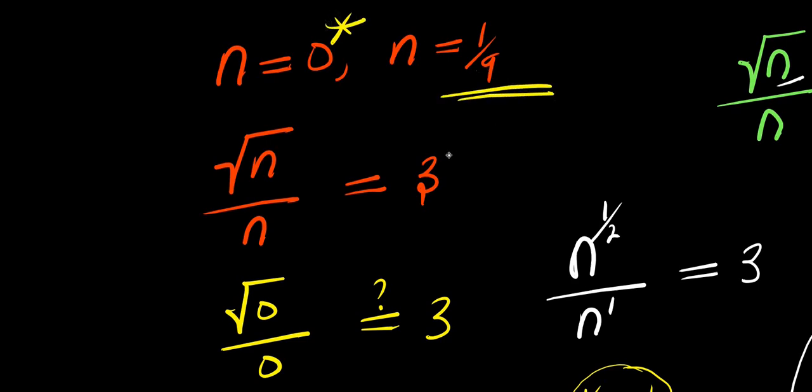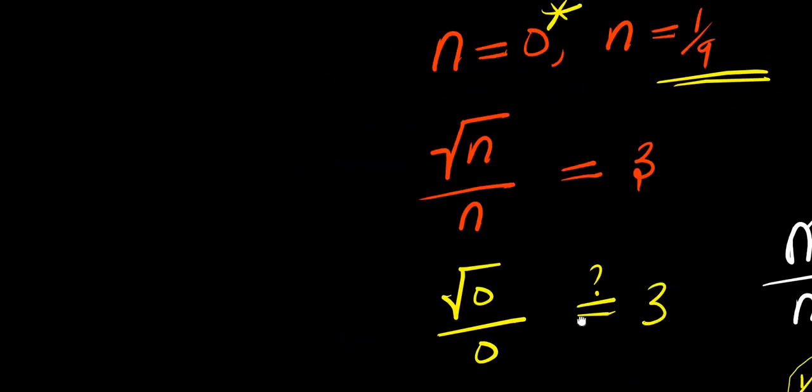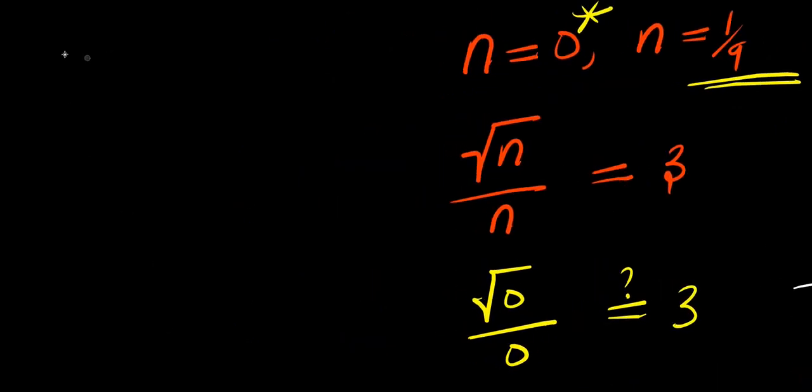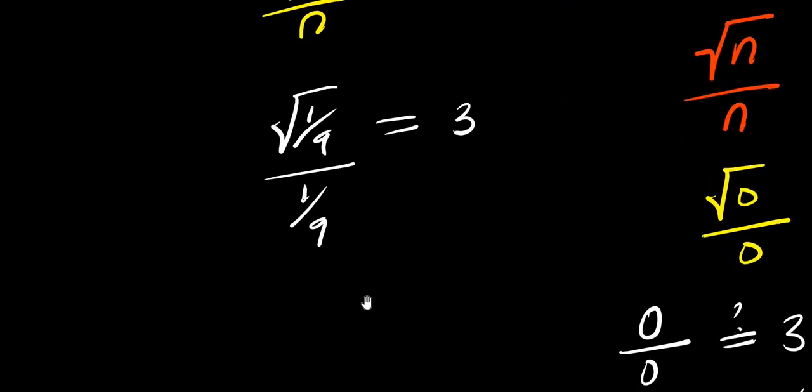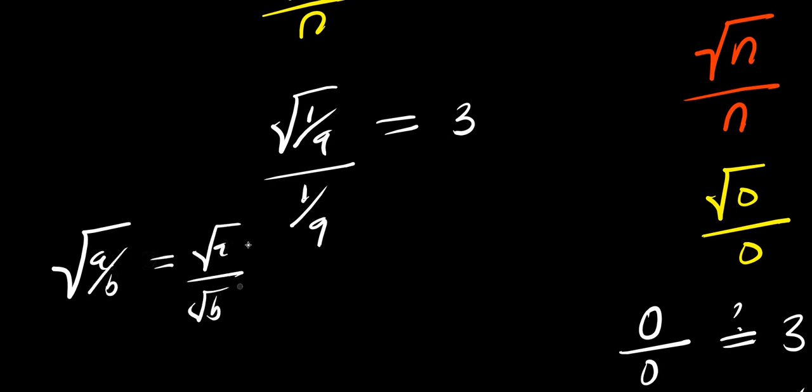Let's consider n equals 1 over 9. We have square root of n divided by n equals 3. I consider n equals 1 over 9. I have square root of 1 over 9, divided by 1 over 9, and this equals 3. So, if you have square root of a over b, this equals square root of a divided by square root of b.